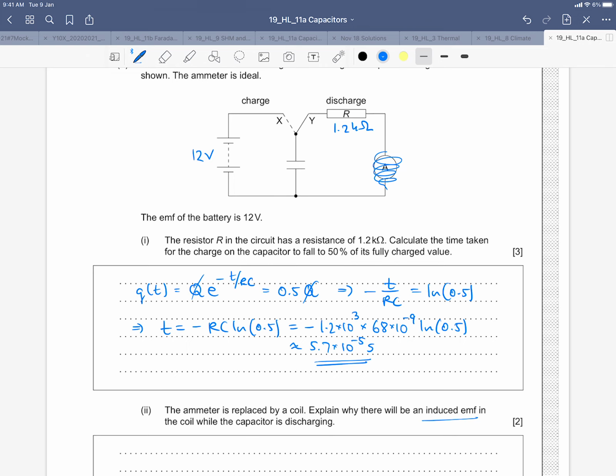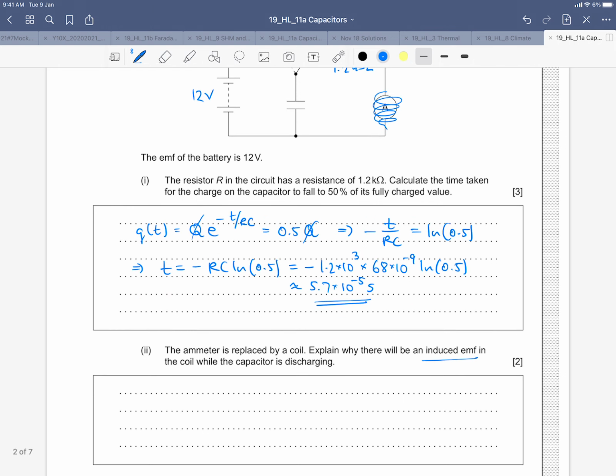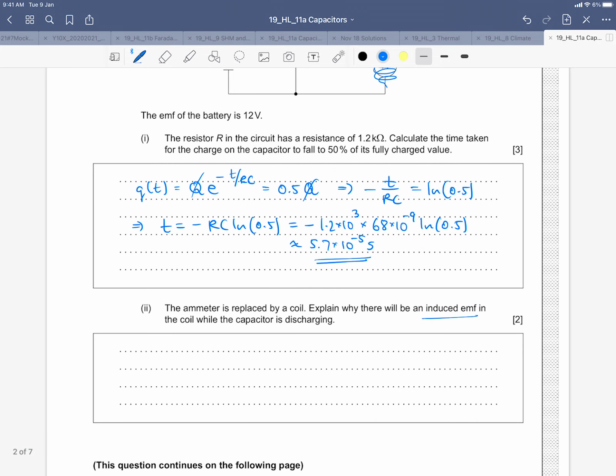So we have a changing current through the coil, and currents produce magnetic fields, magnetic flux through the coil. So that magnetic flux is also going to be decreasing, and hence we are going to have an induced EMF created according to Faraday's law because we have a changing flux.